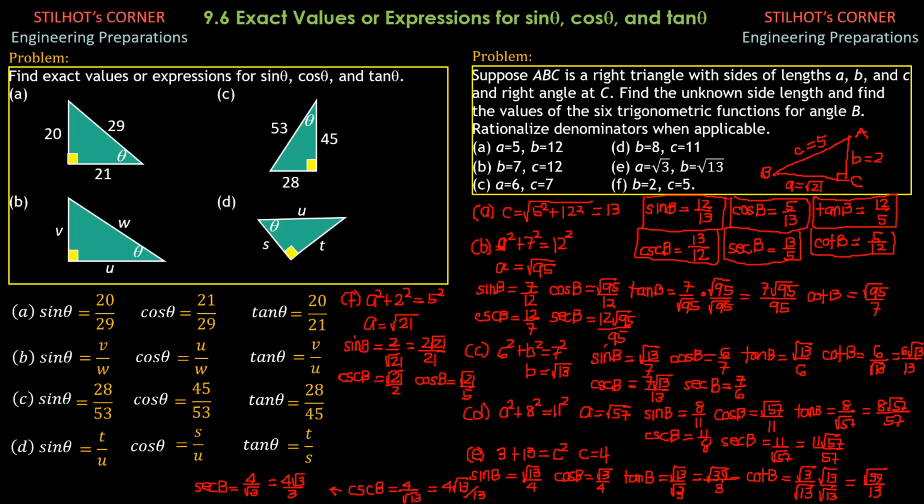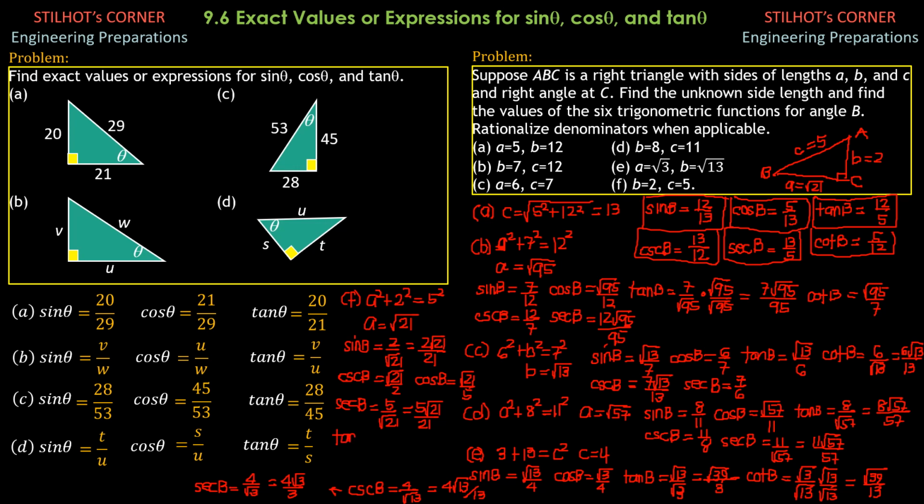Then reciprocal of cosine is secant of B, so it is 5 over square root of 21. Then after we multiply square root of 21 over square root of 21 to rationalize the denominator, so 5 square root of 21 over 21.